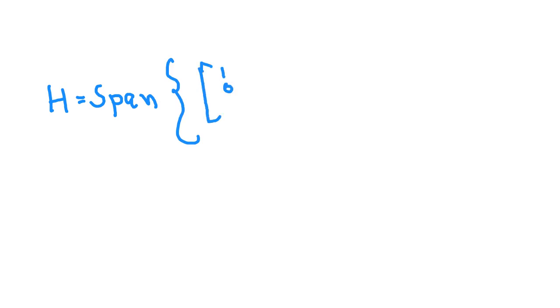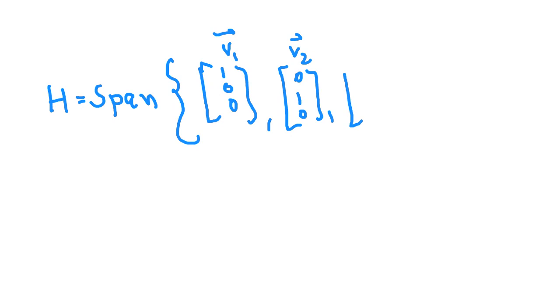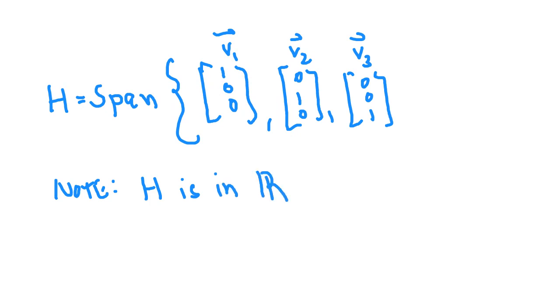I'm going to keep what I had, but let's say the space H is the span of the vectors 1, 0, 0, that's v1, 0, 1, 0, that's v2, and v3 is 0, 0, 1. Now, space H is in R what?